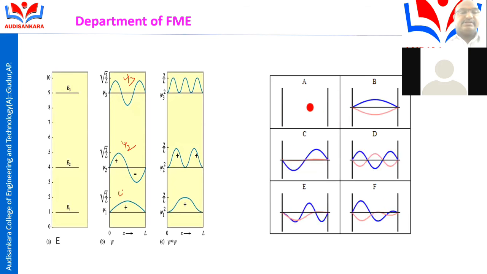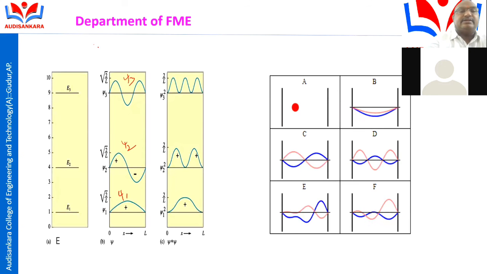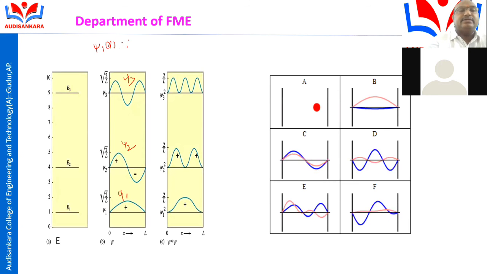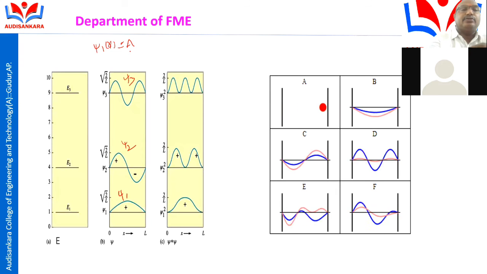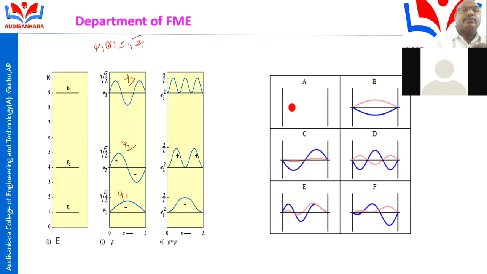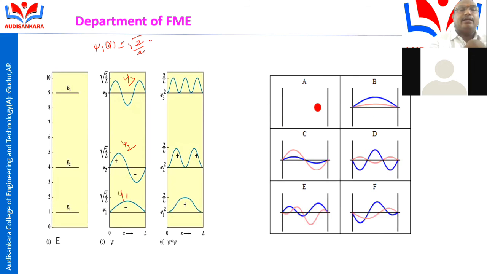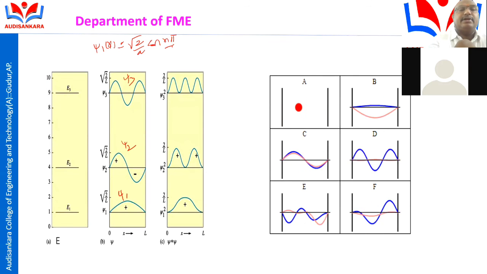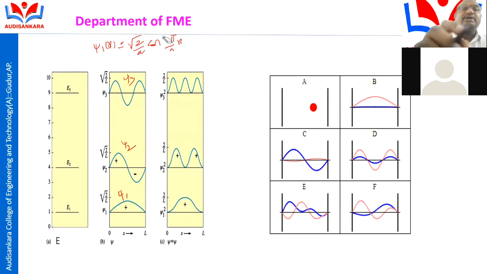Psi 1 represents psi 1x is equal to A. That means the A value is called root 2 by a, or root 2 by L sin n pi by a into x, with n equal to 1 substituted.